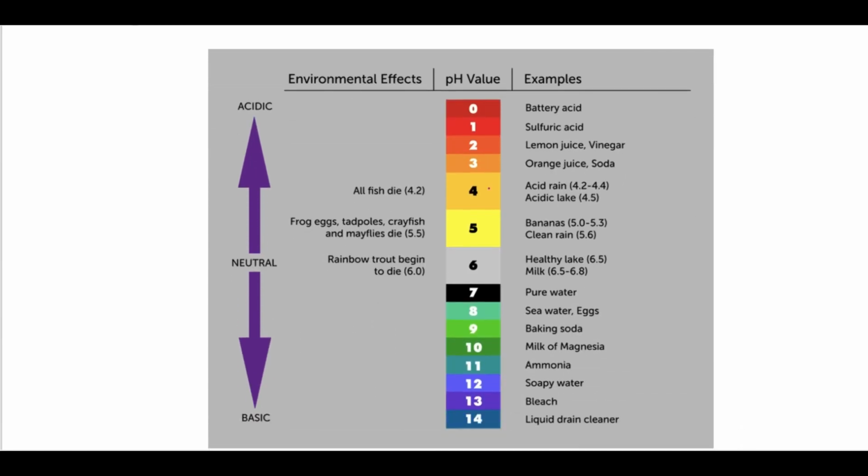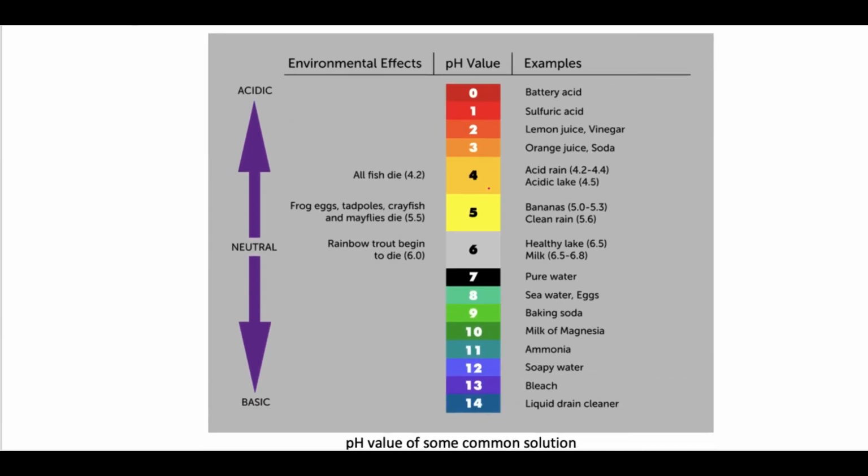Next, this is the range of pH from 0 to 14, with examples in our daily life. The lower the pH, the more acidic. The higher the pH, the more basic. And the neutral pH is 7.